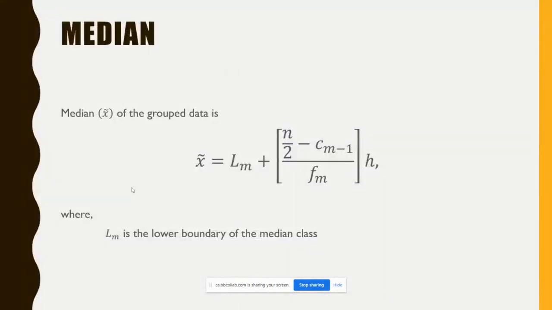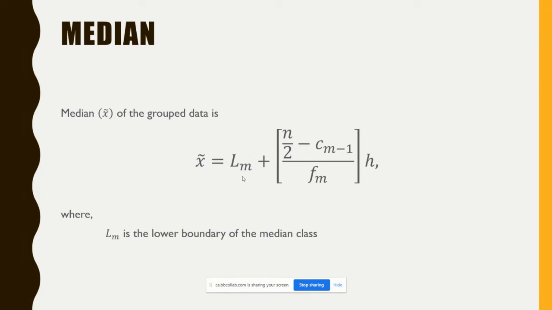So here is the formula. How do we calculate x tilde? We call it tilde. We say this x, I mean the median, is equal to the lower boundary of the median class. How do we define the median class?